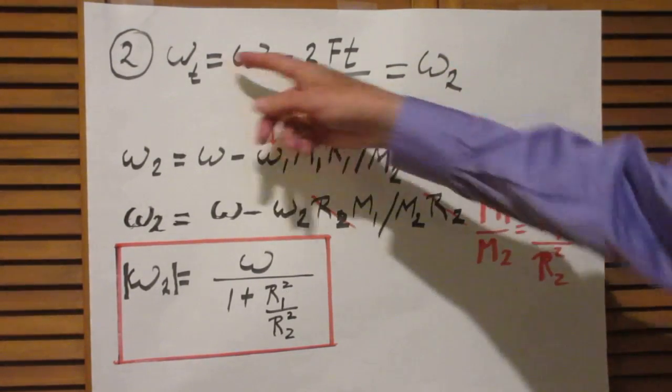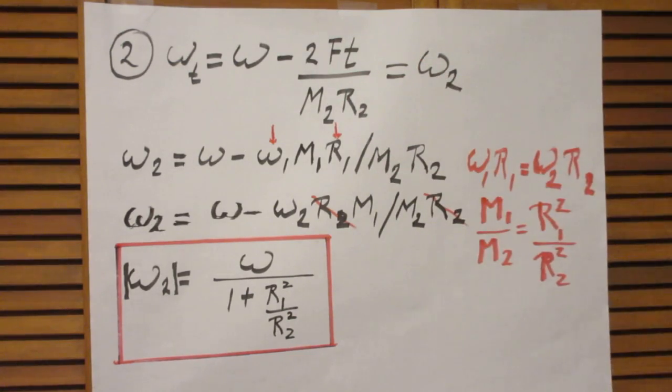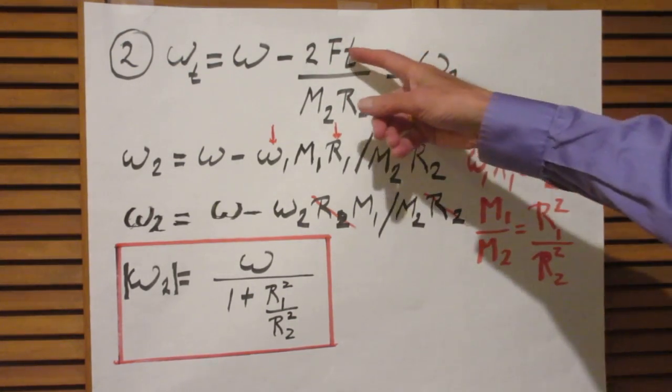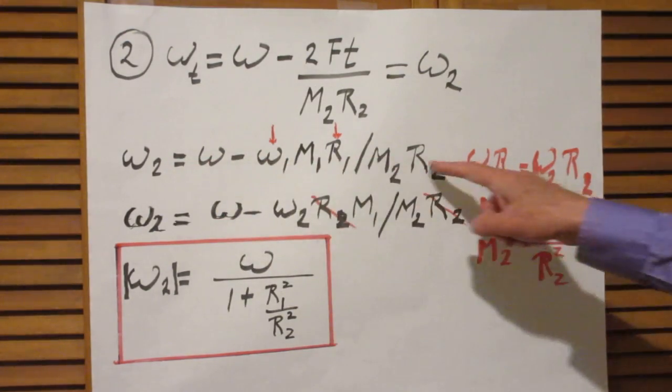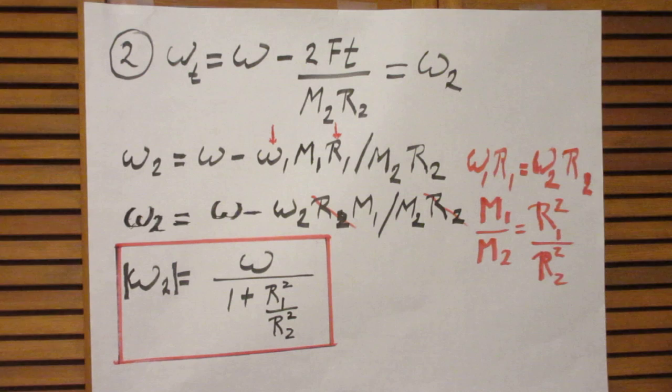So we know that this has to be omega 2. We replace ft by omega 1 over 2 times m1 r1, and now you see here an equation with no F and no t anymore. I repeat myself. The final result, equilibrium state, is independent of how hard I push. It only determines how long it takes before I reach equilibrium state.